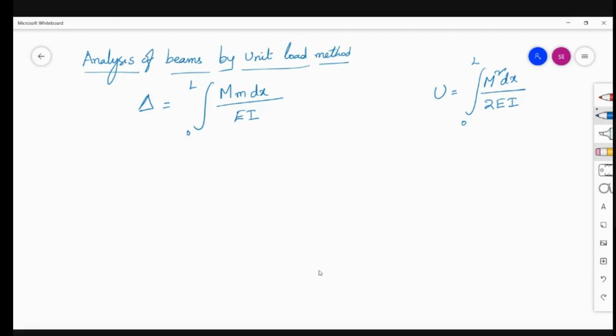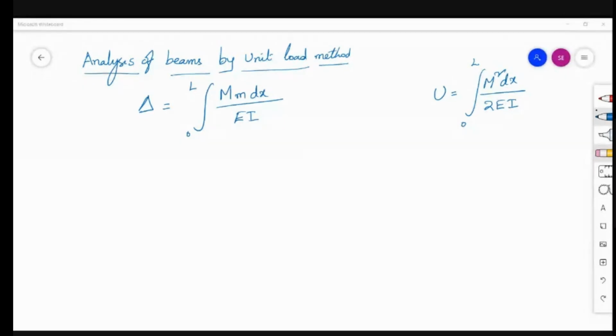So as per the unit load method, the deflection of the beam, delta, is equal to the integration over 0 to L of capital M into small m into dx by EI.